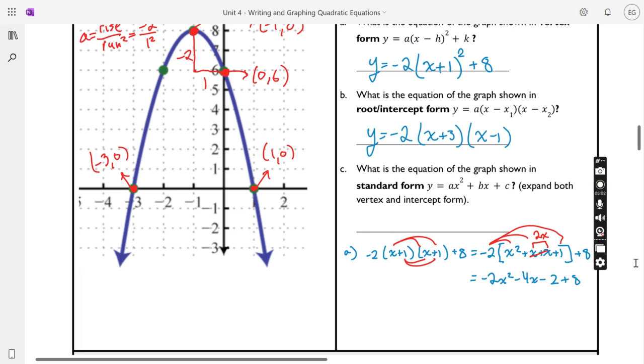Finally, we know that this just condenses to negative 2x squared minus 4x plus 6, giving us our equation. Now that's easy enough. Let's see if we could do it from root slash intercept form, which is negative 2 times x plus 3 times x minus 1.